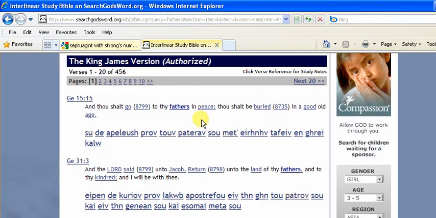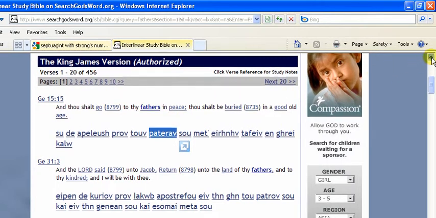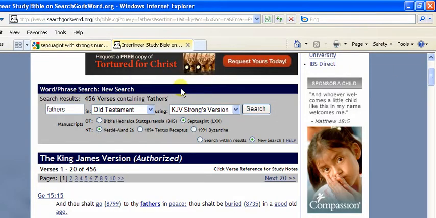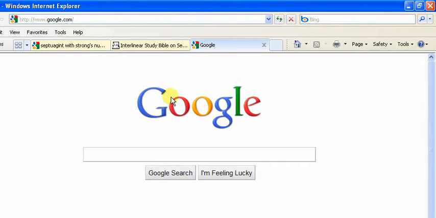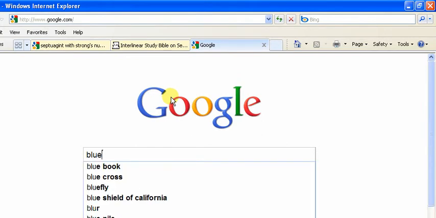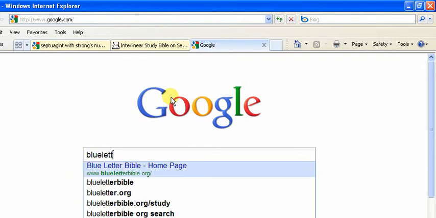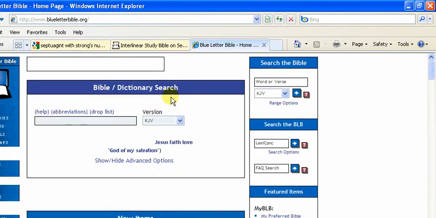So basically we're looking at Hebrews chapter 1 verse 1, and let's pull that up again. Sorry, I should have had it up here, but I don't. But we'll pull up Blue Letter Bible, and we'll go there, and we'll pull it up. So here we go.